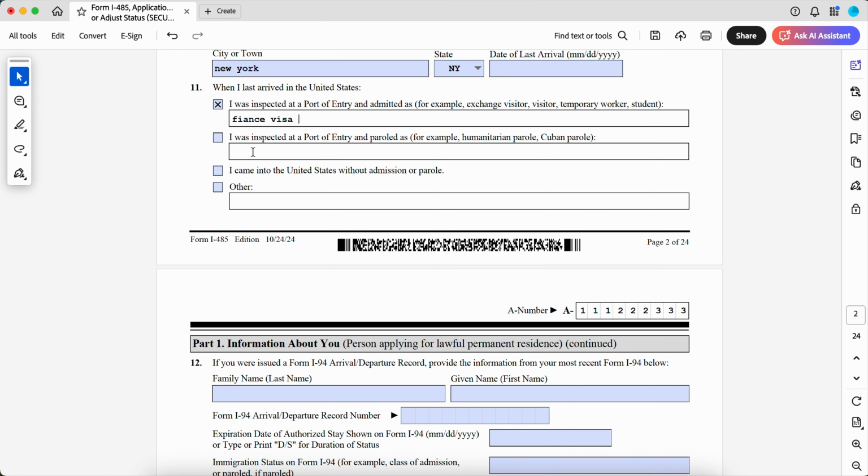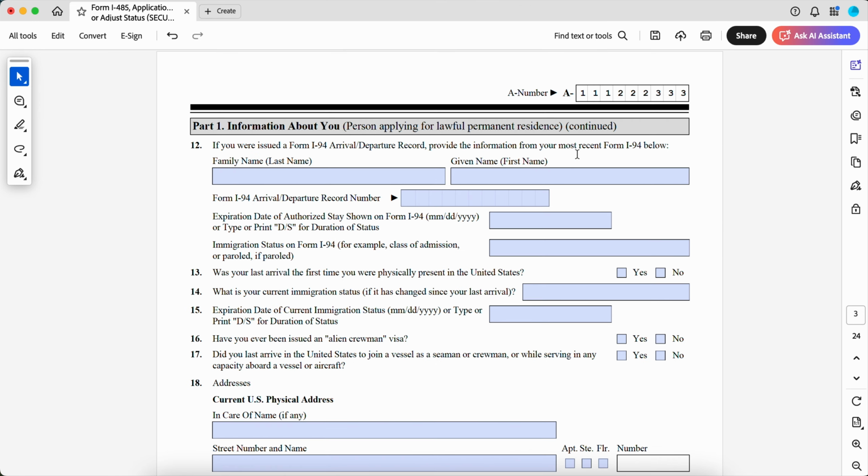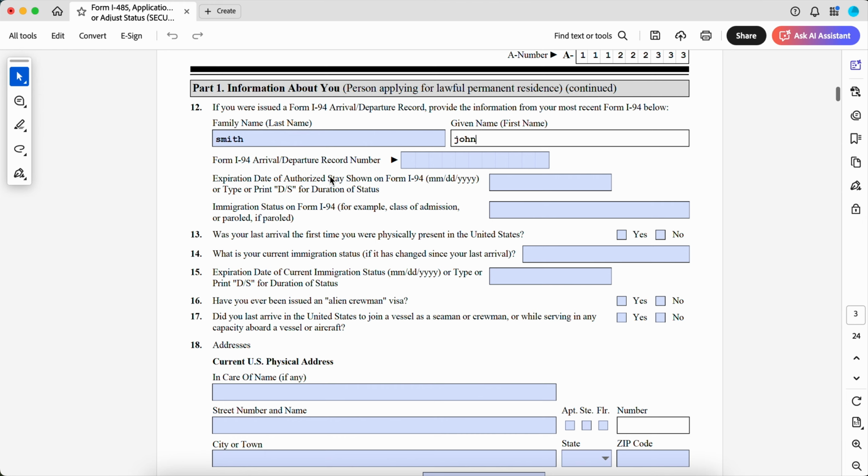If you were issued Form I-94 Arrival Departure Record, provide the information from your most recent Form I-94 below. The Form I-94 is pretty easy to find. You write your family name, your name, and then the arrival departure record number, which can be found on your I-94.